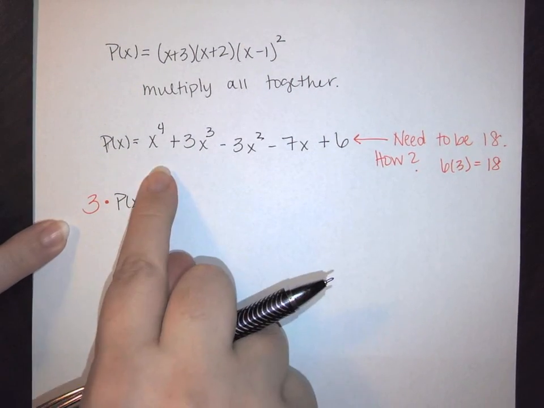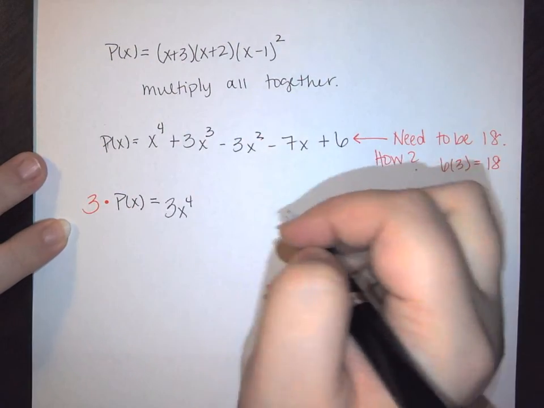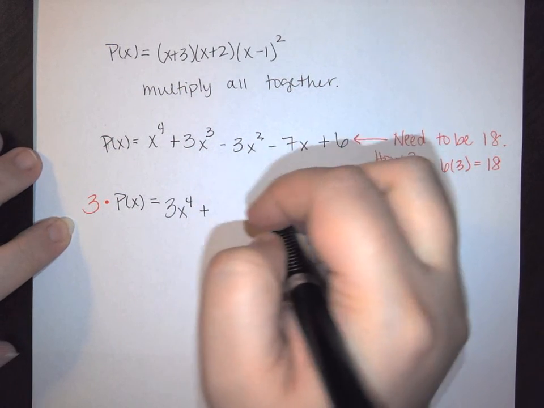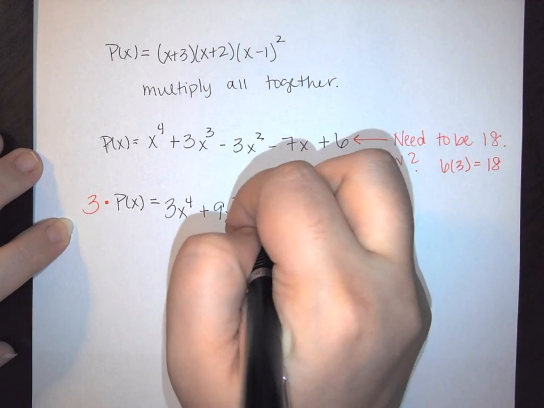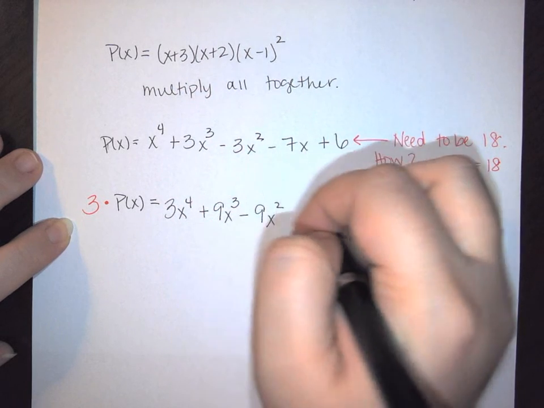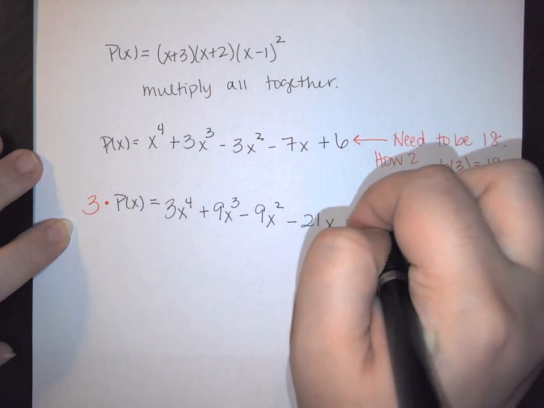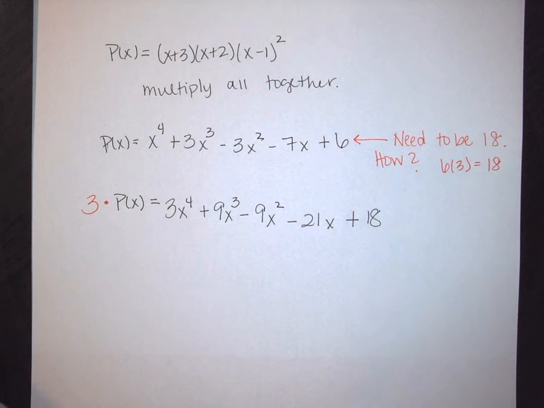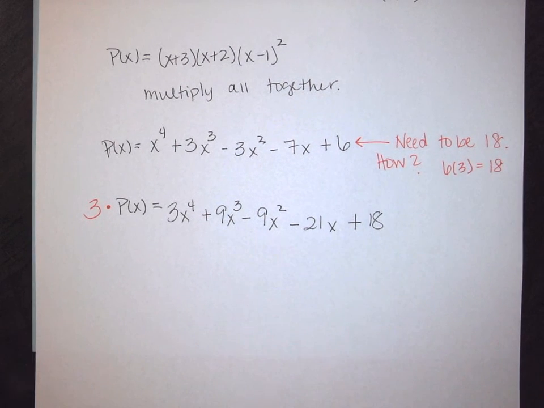So 3 times x to the 4th is going to give me 3x to the 4th. Plus 3 times 3x cubed is a 9x cubed. Minus 9x squared minus a 21x plus 18. Since my y-intercept now is 18, I have finished what I needed to do.